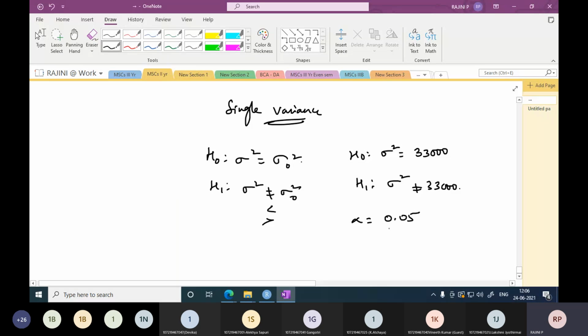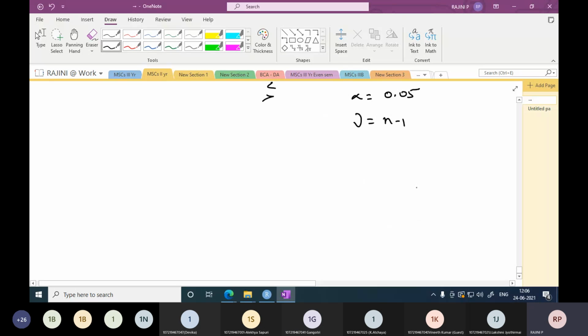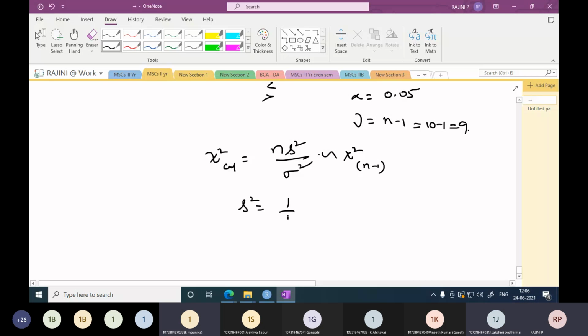5%. What are the degrees of freedom? n minus 1. Here there are 10 observations, so 10 minus 1 is 9. And what is the chi-square calculated formula? n s square by sigma square. And what is the small s square formula? 1 by n summation of (xi minus x bar) whole square.